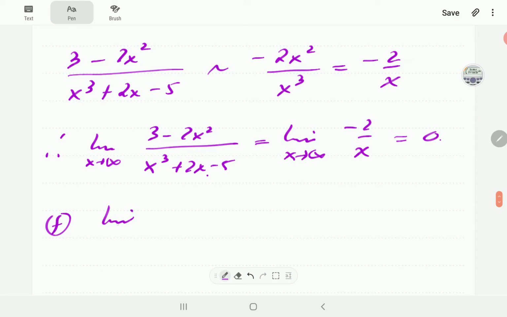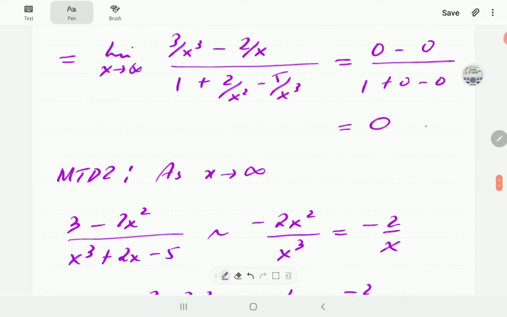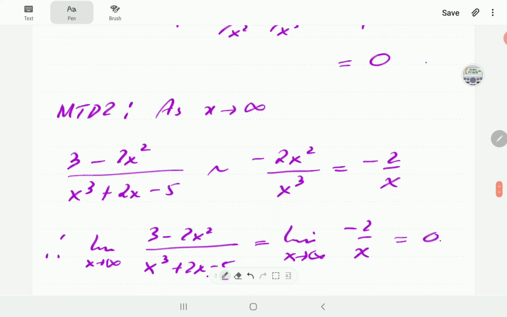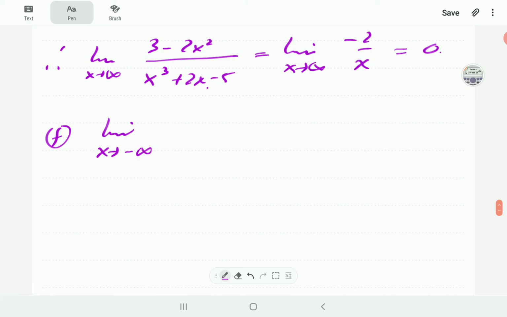Okay, then we go to F. We have got the limit as x goes to negative infinity. The function is 3 minus 2x cubed all over x squared plus 2x minus 5.